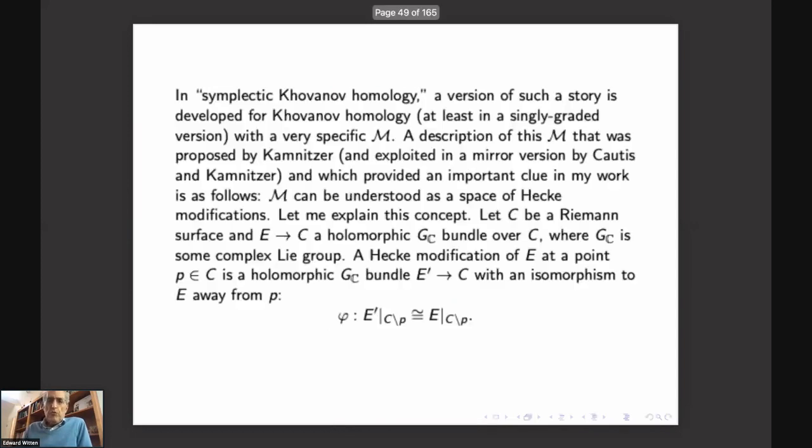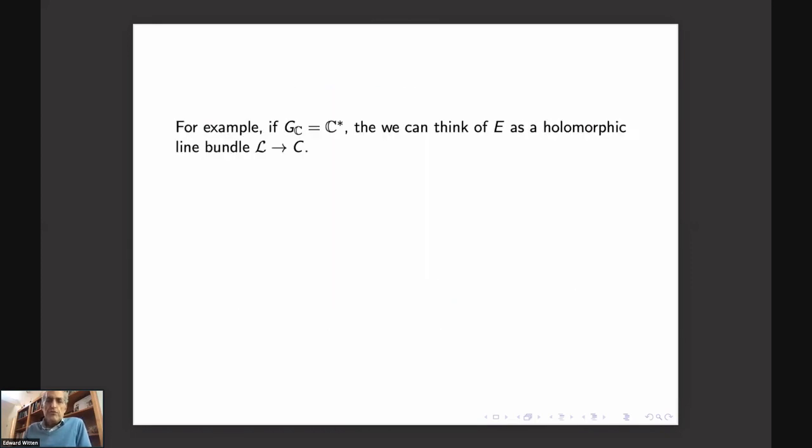So for example, what could such a Hecke modification be in a simple case? Suppose that G_C is C star, the complexification of U(1).